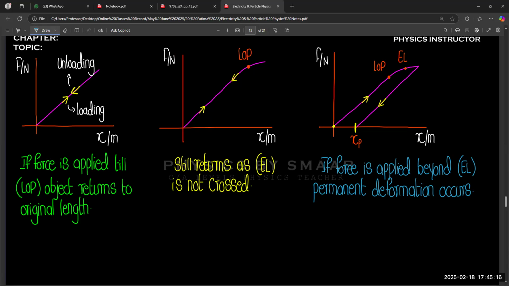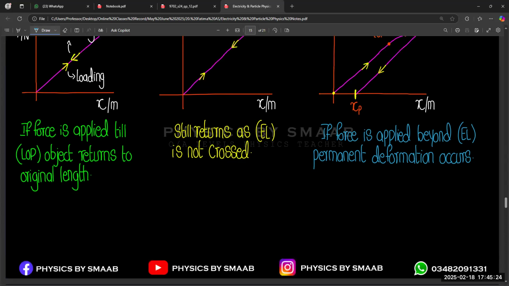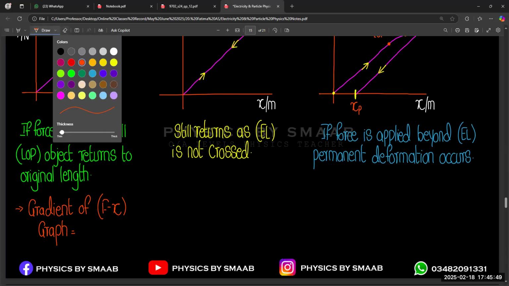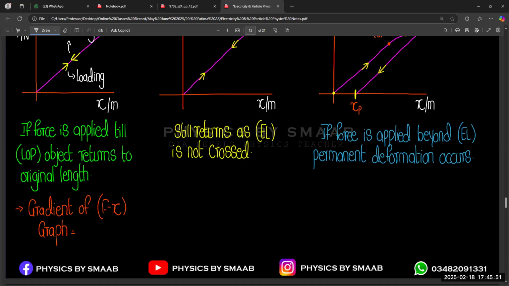Let's suppose we find the gradient of the graph, so that is equal to the value of k. So the gradient of the graph always shows you the value of k, gradient is equal to spring constant.